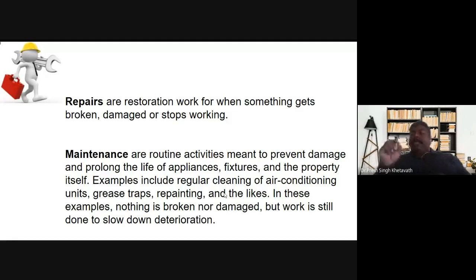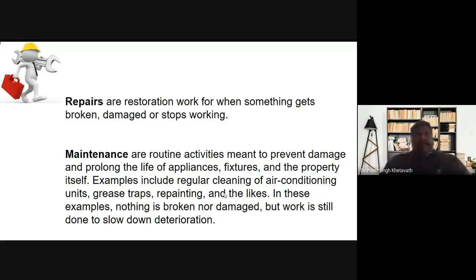The difference between repairs and maintenance is that repair is done after the damage, after the breaking, after it stops working; we start repairing things so that it restarts. That is a restoration of work. Maintenance is not like that. Maintenance is a routine activity.